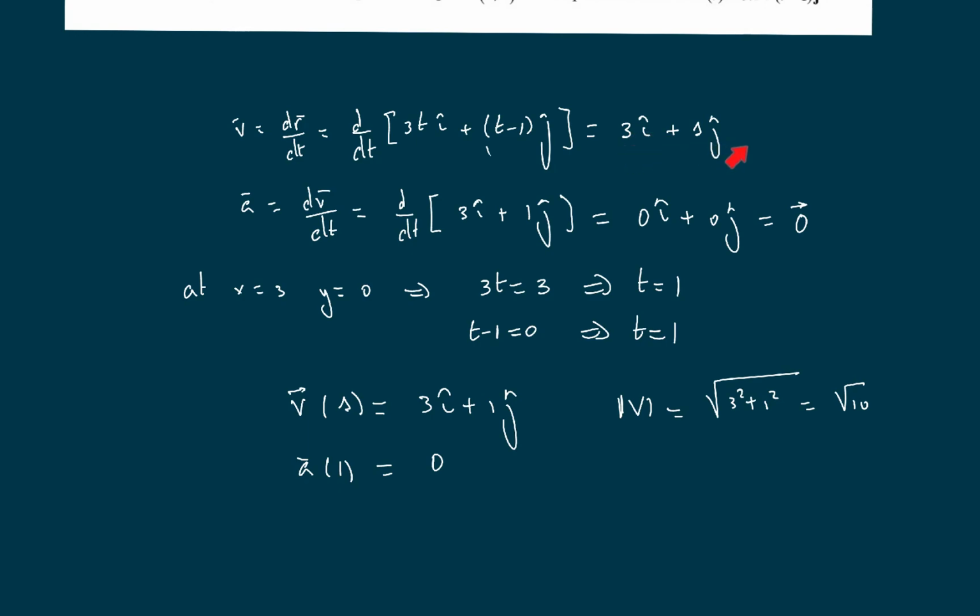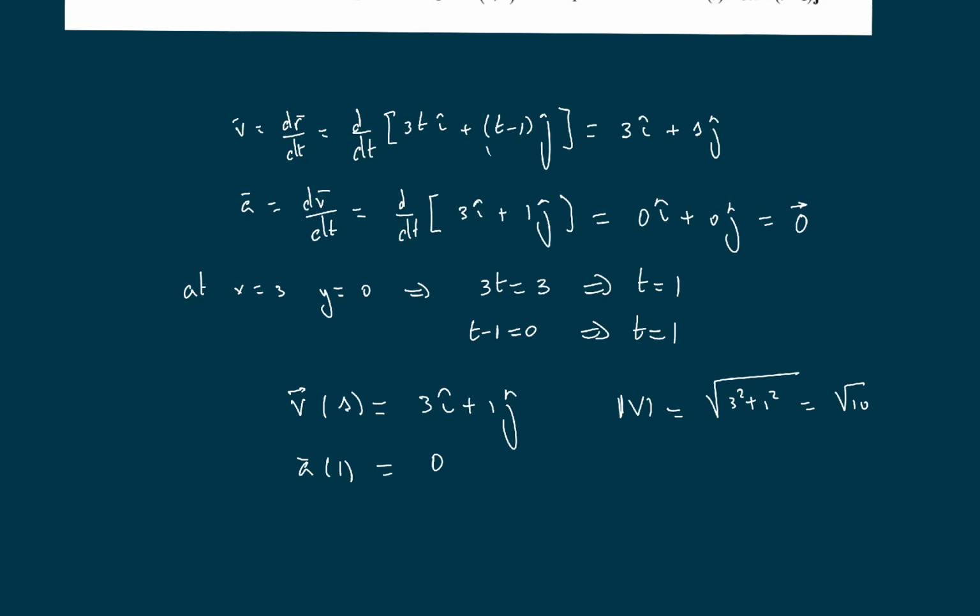So this is the vector velocity, and the acceleration, which is the change of the vector velocity with respect to the time. Because the vector velocity is constant, there is no change in the vector velocity, so the acceleration must be 0, as we have calculated here.